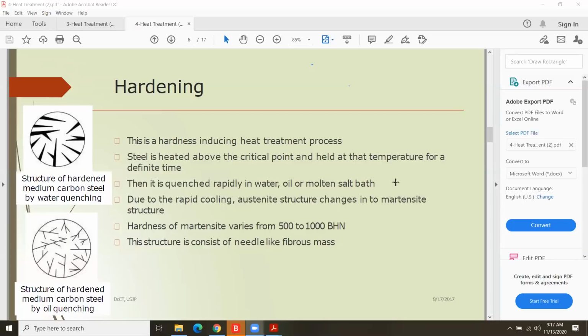In some cases you can add coke and limestone for heating. Sometimes you need to heat the metal chemically, or in another case, for the hardening process, you need electrical current to heat the metal. So the heating procedure is different and the furnace is also different, right?